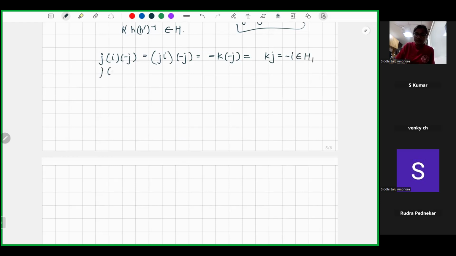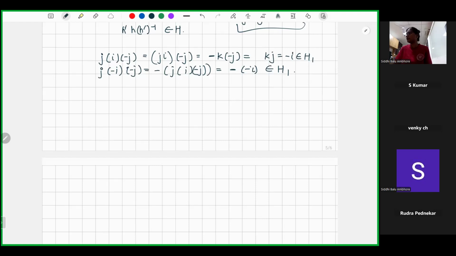And note that similarly, this minus I minus J, again, I can take this minus 1 out, and this will be minus J I minus J, and this will be minus of this minus I, which we just calculated, and this belongs to H1.